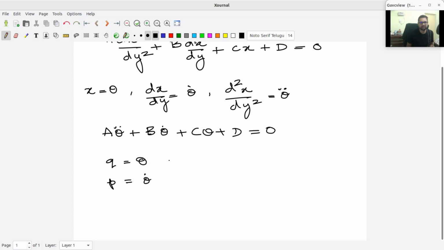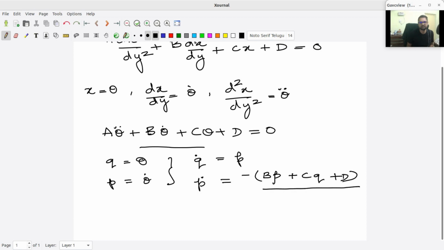Therefore your q dot is equal to p, and using the above equation we will write p dot is equal to theta double dot, which is nothing but minus b theta dot, which is p, minus c theta, which is q, minus d, divided by a.